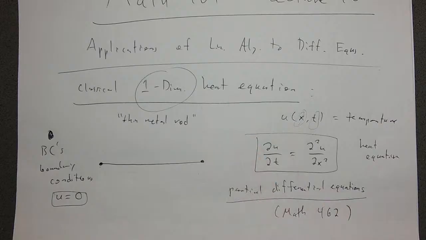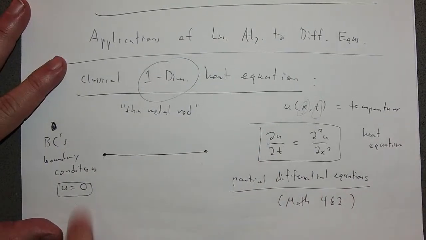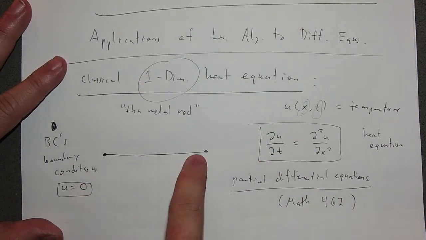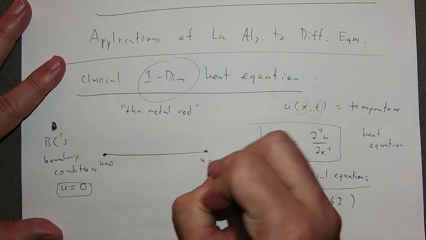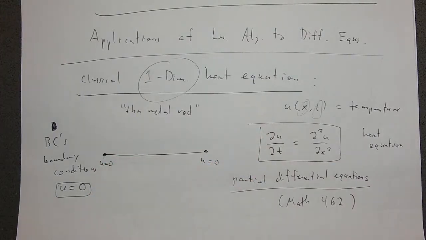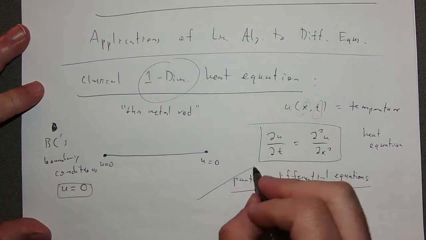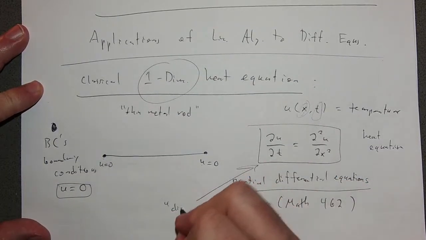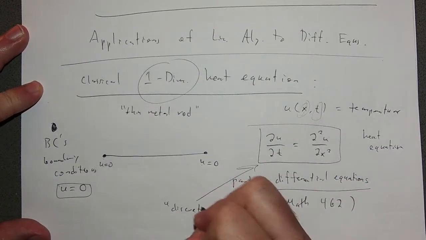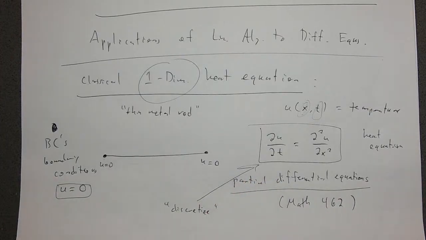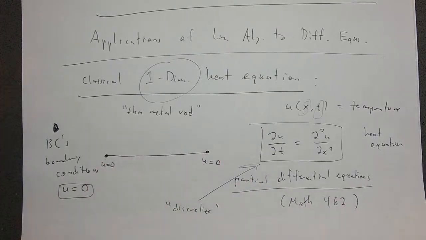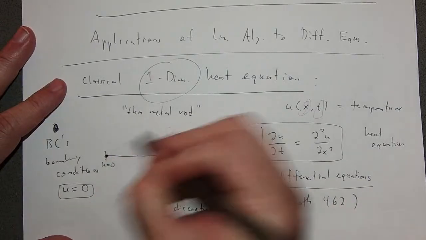So what we are going to do instead, I've mentioned that we have these boundary conditions. At each endpoint, we're going to have boundary conditions u equals 0. And what I'm going to do is discretize this. My first way of doing this is, rather than viewing this as one continuous bar, I'm going to split it into two pieces.